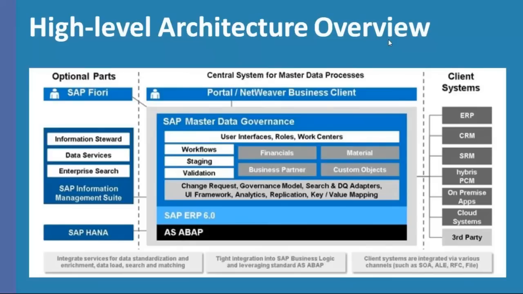Another one is MDG on top of ECC, or co-deployment architecture. I will come to the different types of architecture, but before that I will talk about the architecture which is majorly used, which is this one. This architecture we call the hub architecture, or the MDG hub concept. So what is the MDG hub concept?